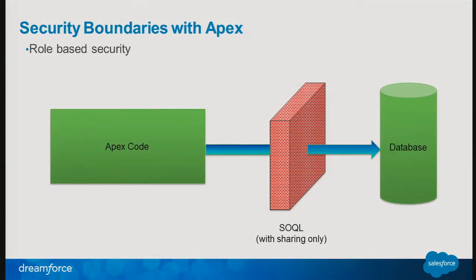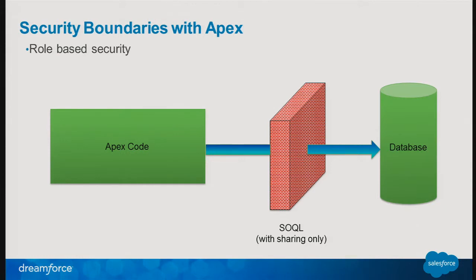Now, when you're a developer, however, things are a little bit different. When you're in Apex, it's not magical. There are two places where security is enforced, where the security boundary is implemented for you as an Apex developer.